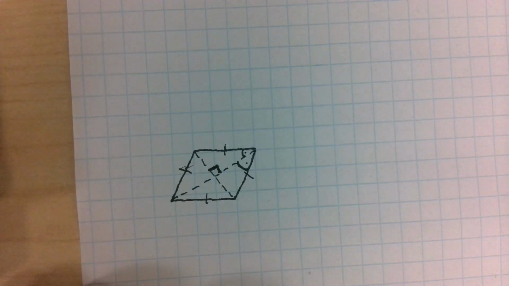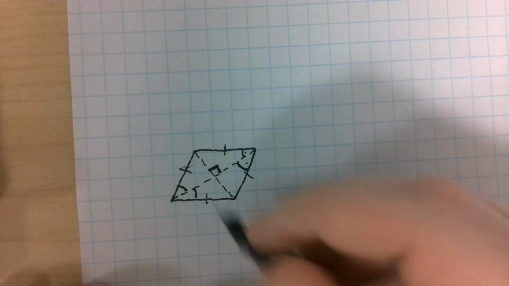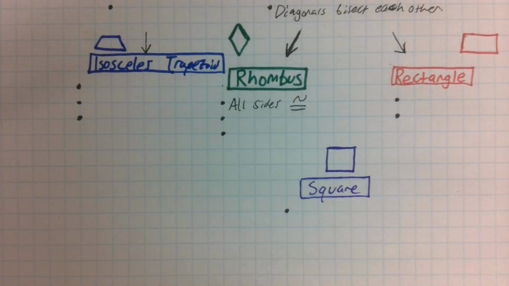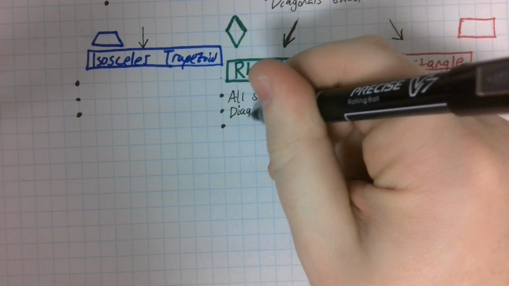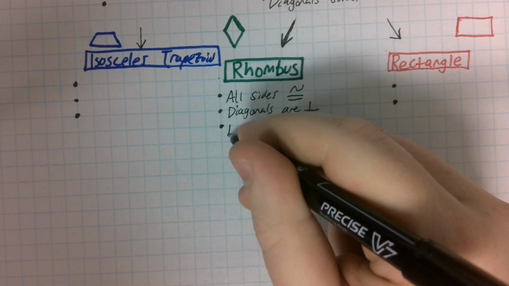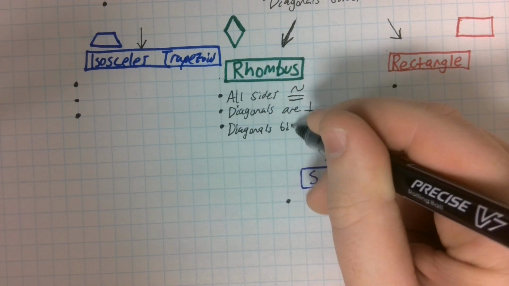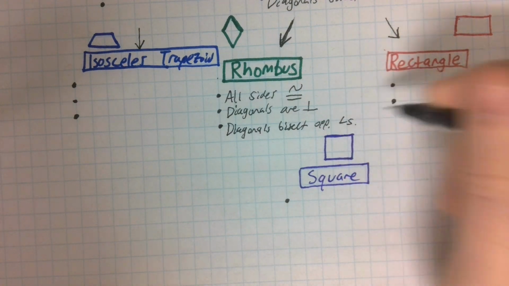Like this side and this side are congruent. Or that angle and that angle. Same with these two. So with a rhombus, there's a couple of extra special properties that happen because all the sides are congruent. We end up saying diagonals are perpendicular, and the diagonals bisect opposite angles.